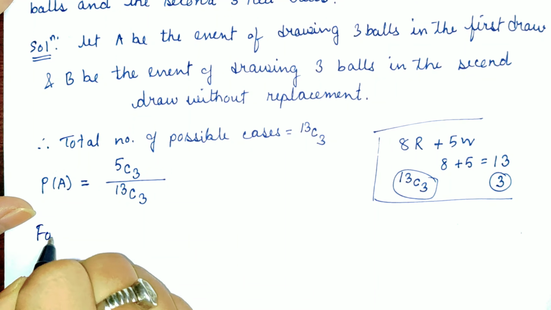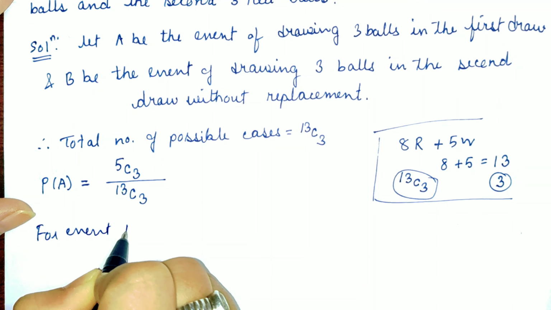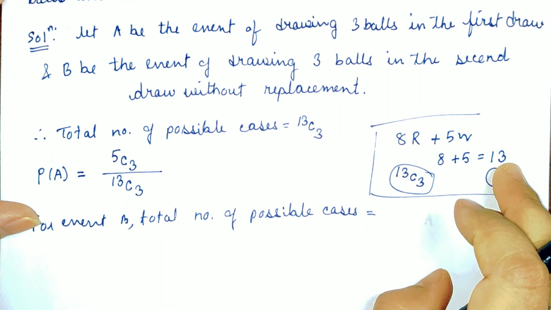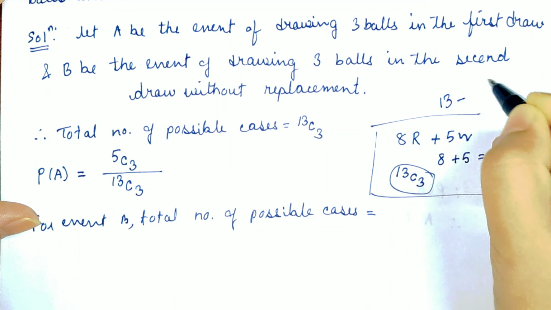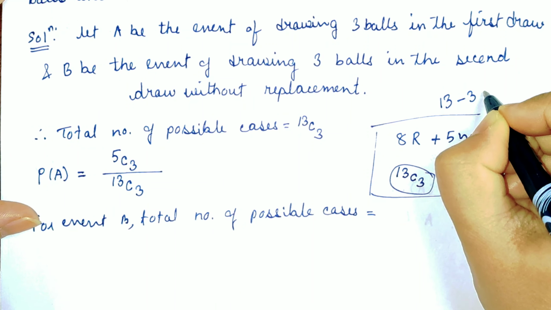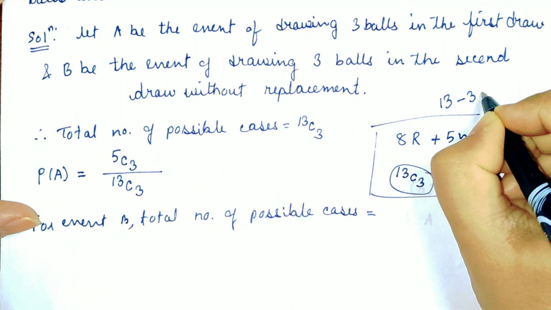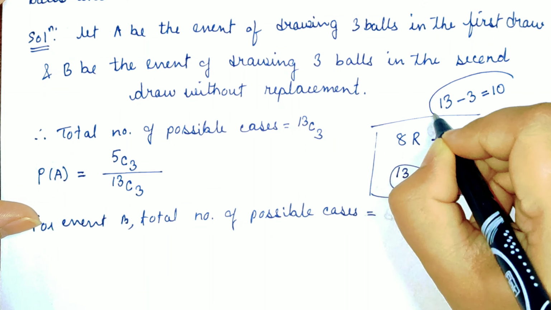For event B, 13 balls were there, and we have already drawn 3 balls, so 10 balls remain.